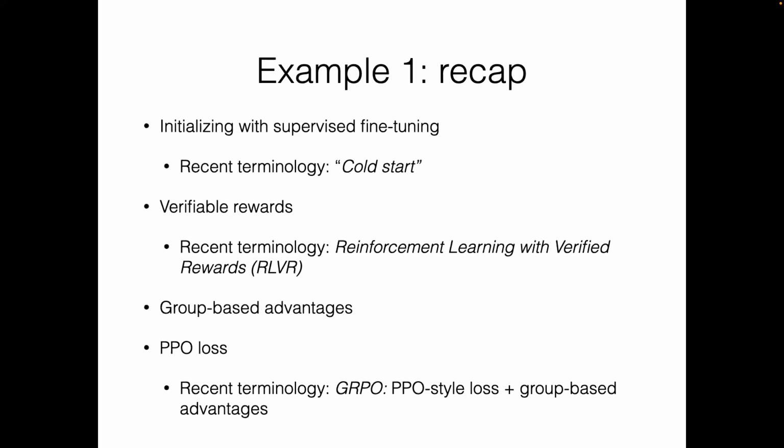Okay, so if we recap this example, we actually saw some ideas which you'll see come up again. First, this idea of initializing with supervised fine-tuning. I forgot the exact reason, but this has been referred to recently as cold start. So first you come up with a supervised fine-tuning data set as a cold start, and then you do the reinforcement learning.